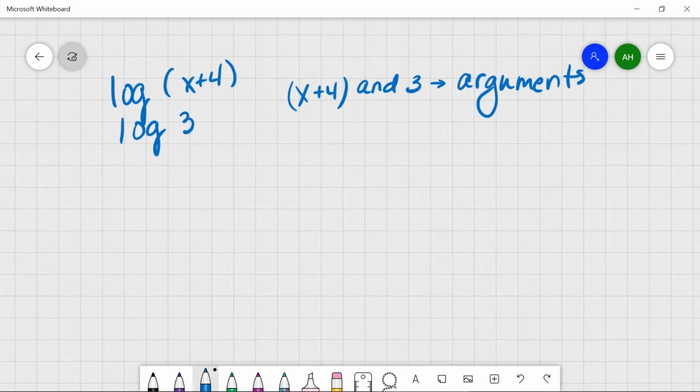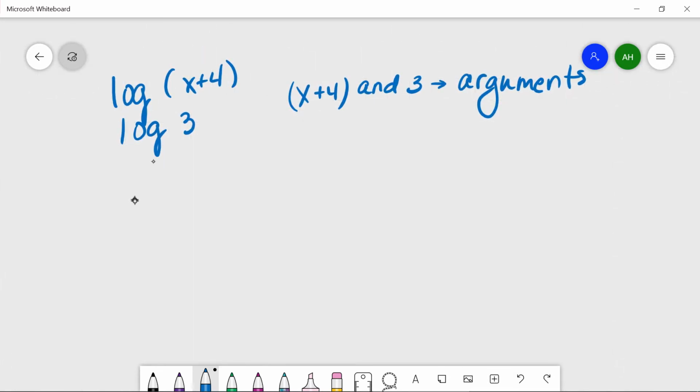All right, so I want you to think about something. Remember before that if we had 10 cubed times 10 squared, we would make this 10 to the 3 plus 2, so it would be 10 to the 5th, right? So when we've got the same base and it's being multiplied, we wind up adding our exponents.